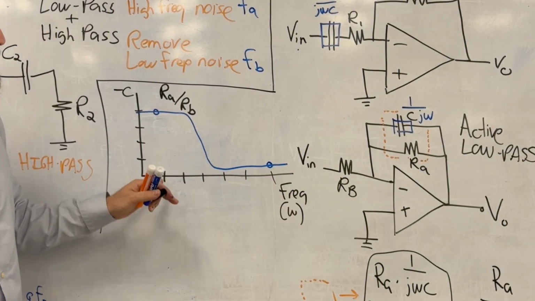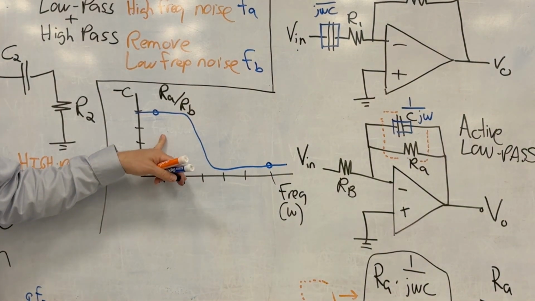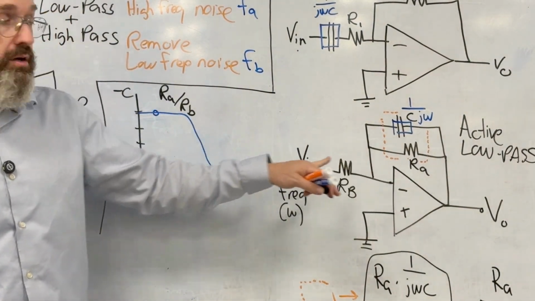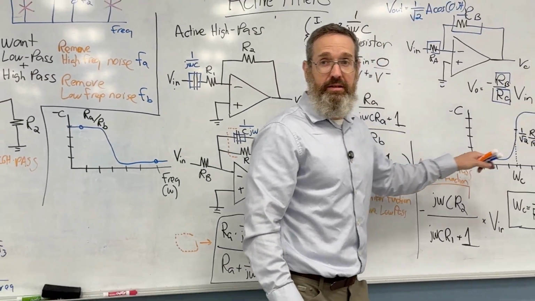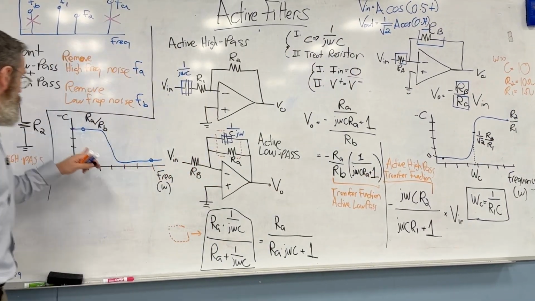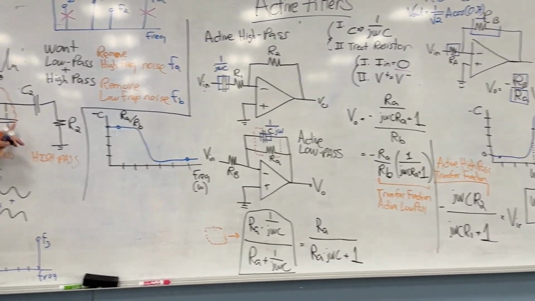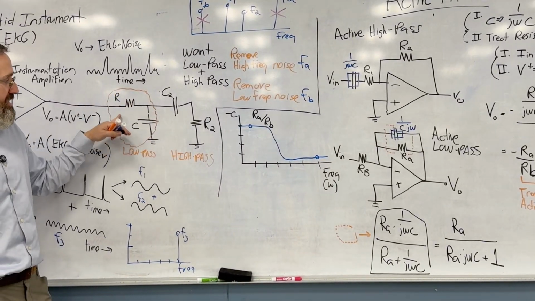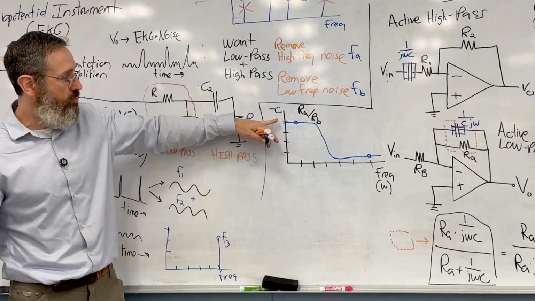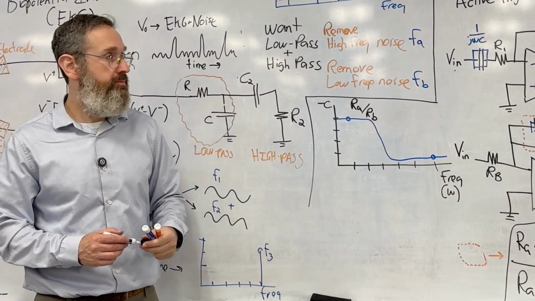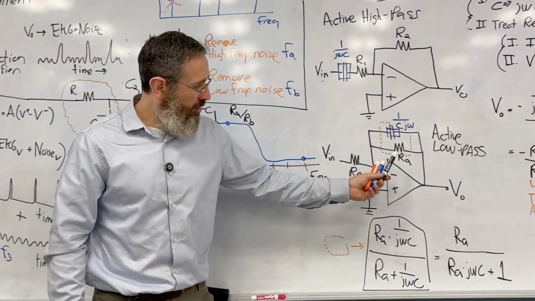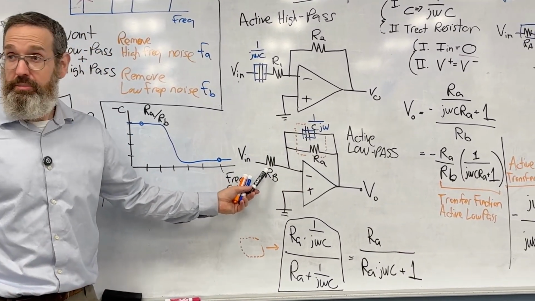And this is, of course, a low pass, which is what you were promised. Low pass, high pass. And this looks a lot like the low pass that we did here, except here the gain could only go up to 1, but here it can go up to RA over RB.